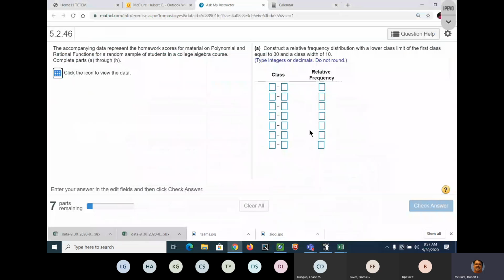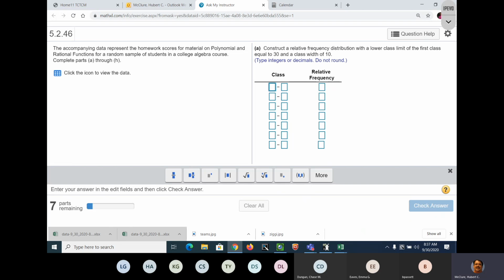All right, it says construct a relative frequency distribution with a lower class limit of the first class equal to 30 and a class width of 10. So they want 30 right here, and a class width of 10.